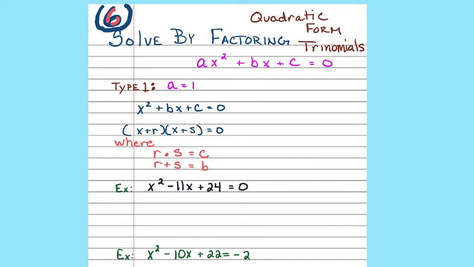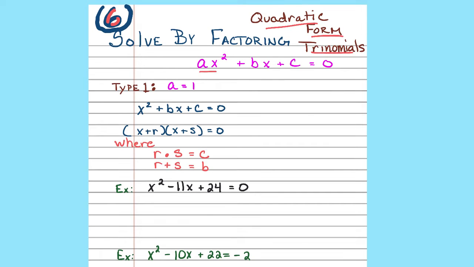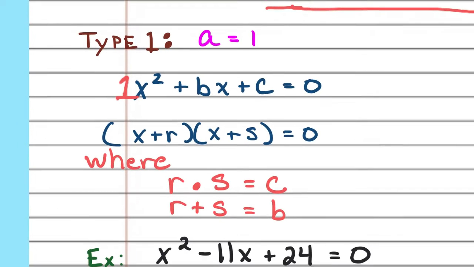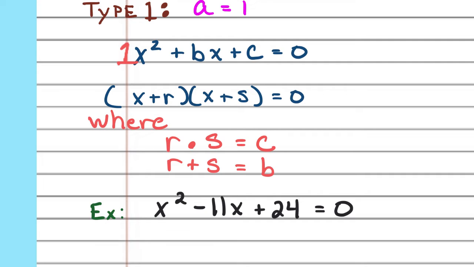So here is note sheet number 6, or page 6, solved by factoring in quadratic form trinomial. So this is ax squared plus bx plus c equals 0. A is 1, so you can see right there. Now, the way you're going to factor it when your a value is 1 is, when you've got this quadratic with 3 terms, make 2 sets of parentheses.